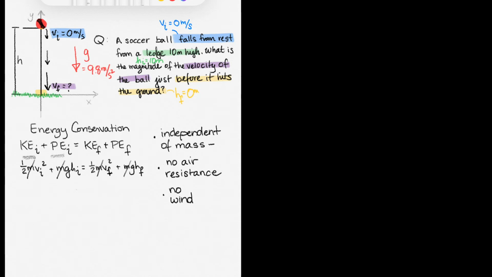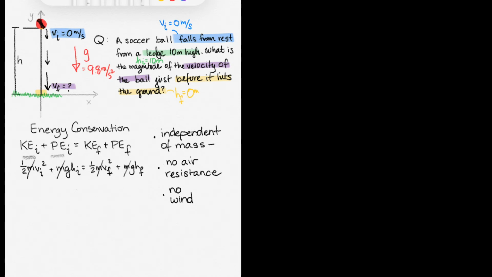But we're very specific. Every time you solve one of these problems, you're going to be in a situation where you can neglect air resistance, you can neglect wind. It happens through the math that the final state is independent of the mass.